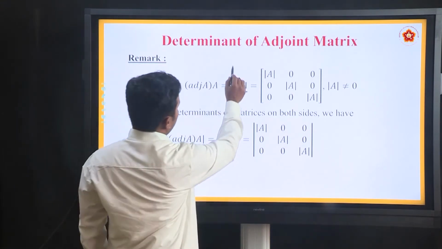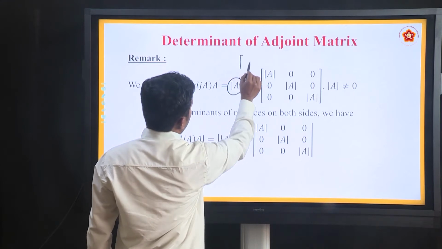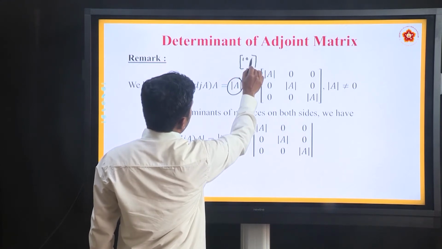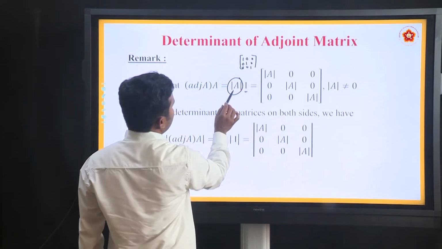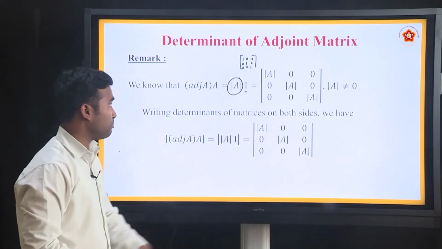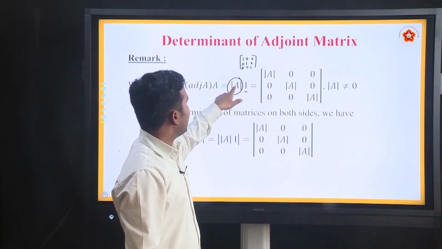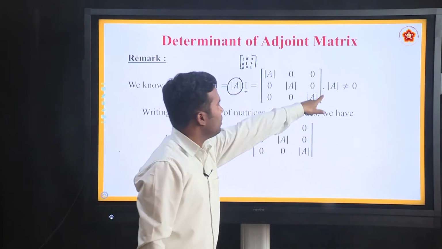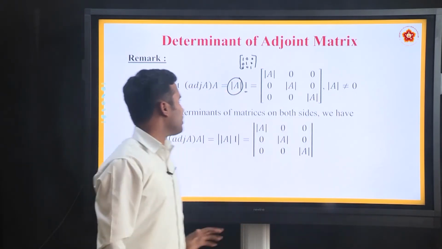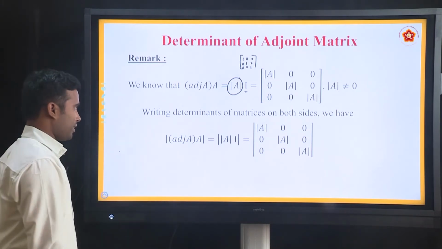If I is of order 3 here, that is 1 0 0, 0 1 0, 0 0 1. I just multiplied this scalar to that identity matrix, so you just multiply determinant A into 1, similarly the other two rows. Here determinant A is not equal to 0, that is one thing we have chosen, which is a non-singular matrix.